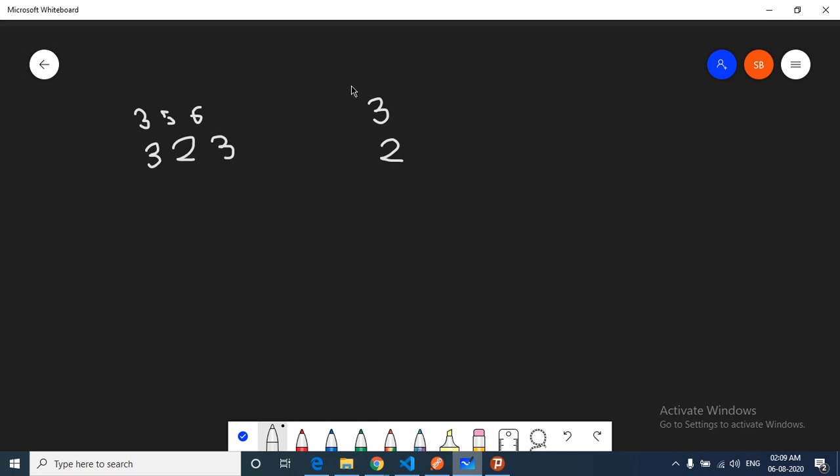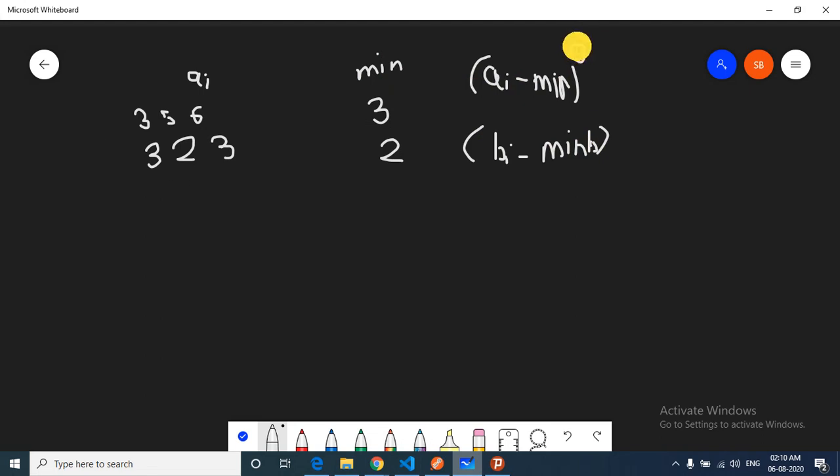Because you have to make these values equal to the minimum, you will subtract some value from them. If this is a_i, you will find a_i minus min a, and that will tell you how many operations you have to do to make this number equal to the minimum. Same for b_i minus min b for the other row.